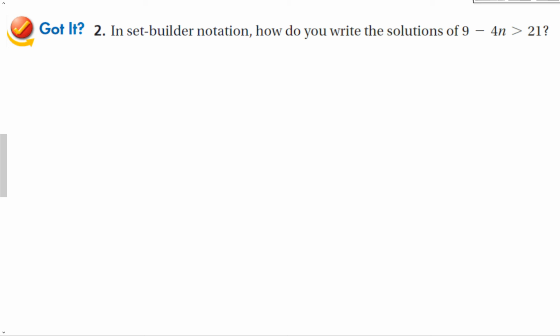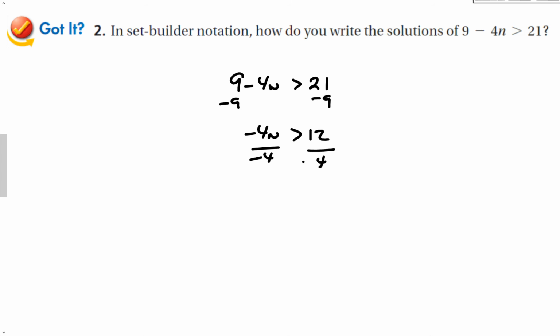So in set builder notation, how do you write the solutions of this inequality? So let's write 9 minus 4n is greater than 21. Subtract 9 from both sides. That's negative 4n is greater than 12. Divide both sides by a negative number, remembering to reverse the inequality symbol to get n is less than negative 3.